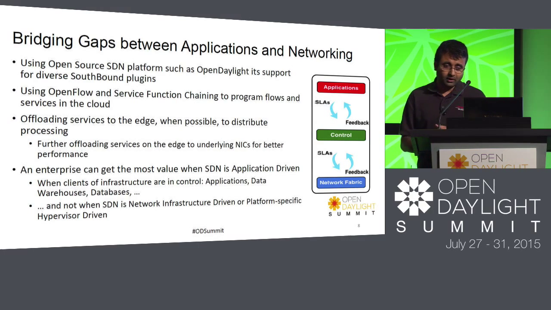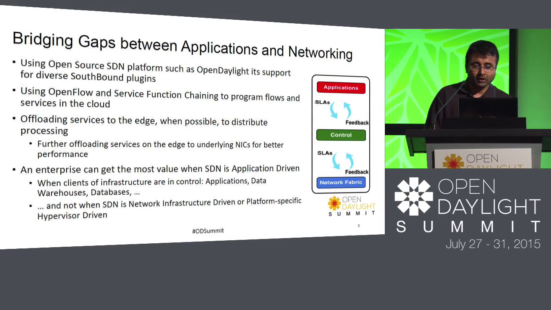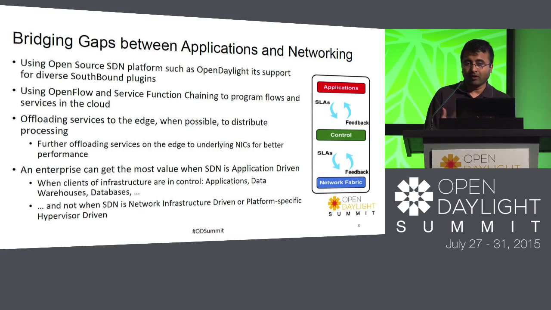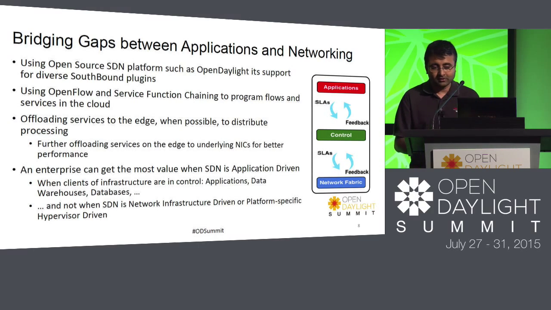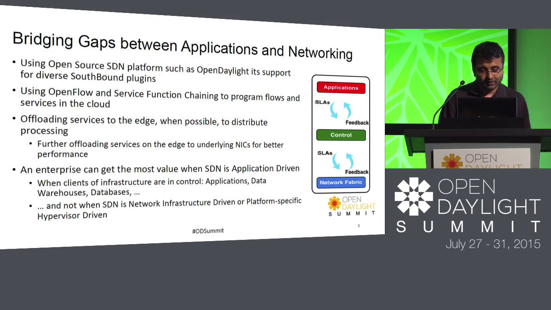Like we asserted before, application-driven SDN would be the most value that an enterprise could get out of their SDN. So when applications can express their intent, and application here basically could be data warehouses, databases, they can express their intent to the network, and since the network is application aware, it can go ahead and implement those flows as necessary.